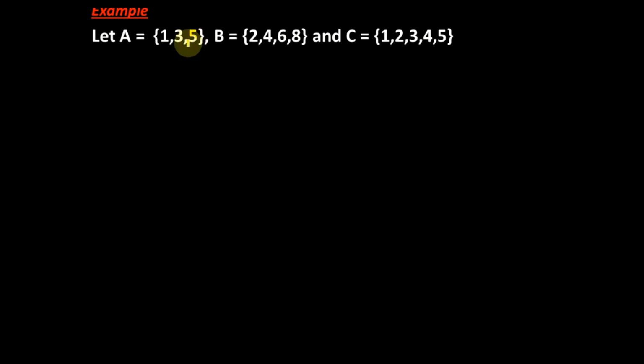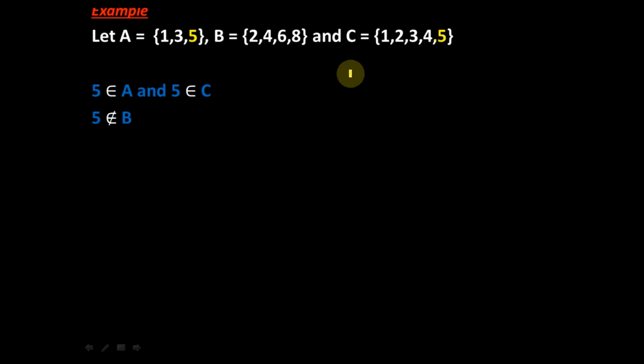I can see that 5 is in A. I can also see that 5 is in C. So what does this mean? It means that 5 is an element of A and 5 is an element of C. Easy, right? But now 5 is not in B. I cannot see 5 in B. What does that mean? It means that 5 is not an element of B.